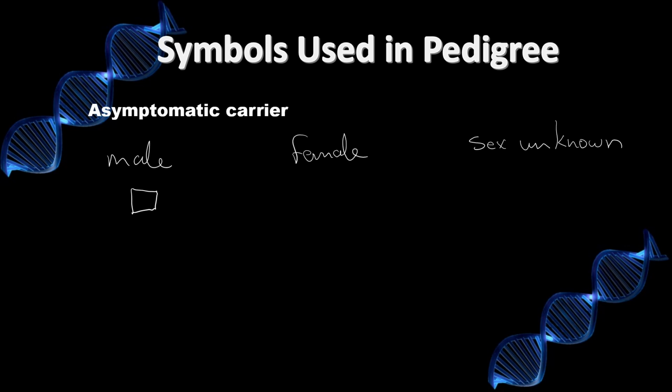In case of male, it is a square with a middle line like this. Female has a circle symbol with a middle line like this. If the sex is unknown, it will be a diamond shape with a middle line like this.